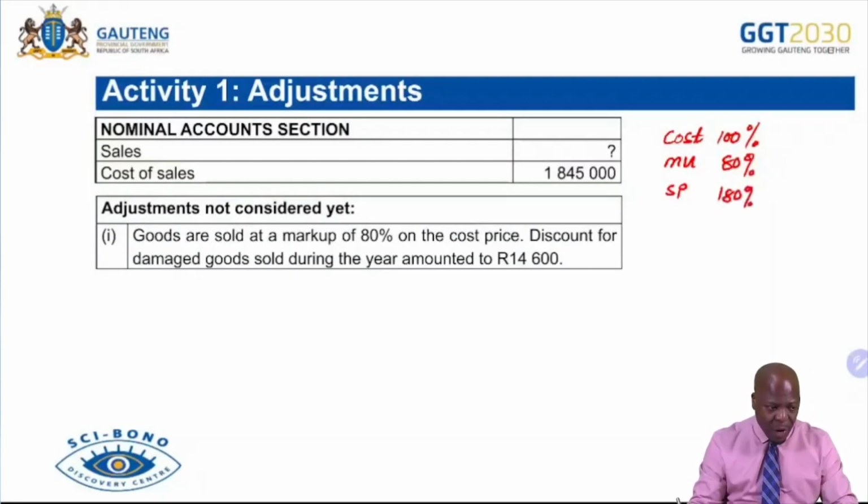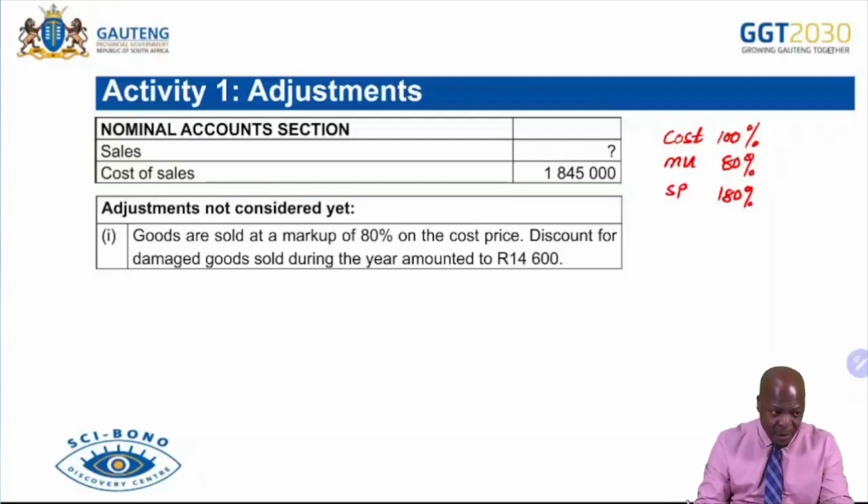So far we have 2 aspects here. We have our cost, we have our markup, and we also have our selling price. Once we have this, then we need to know which one of these is given. Which one of these is given in rand value.